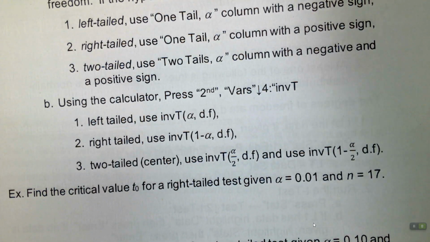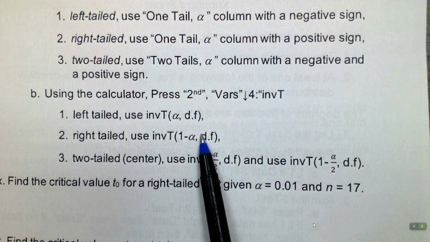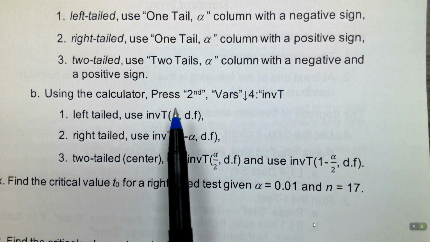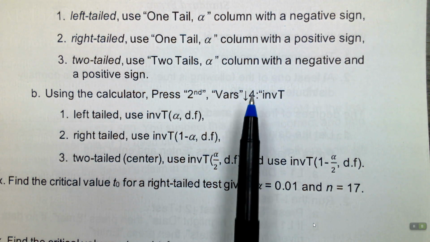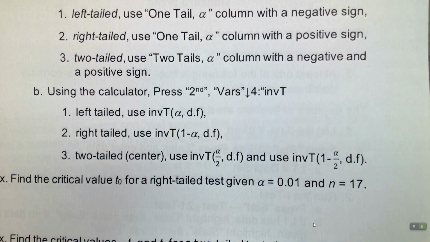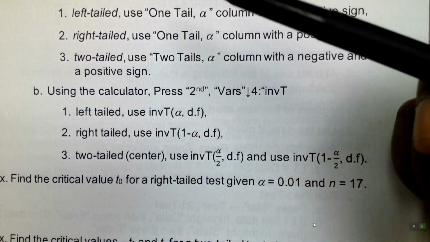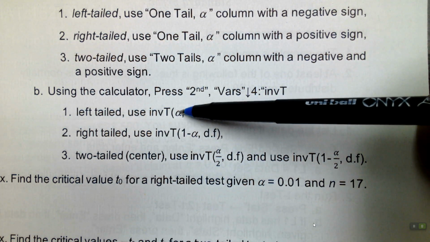Alright, using the calculator, if you have it, it's going to be second, VARS, inverse t. Should be about number 4. It's going to ask you for your level of significance. For left-tailed, you leave it as is.